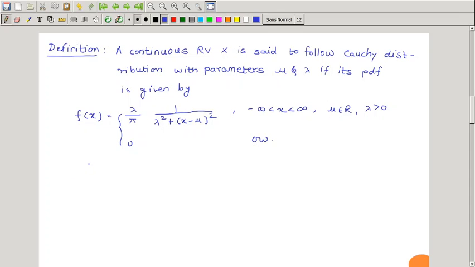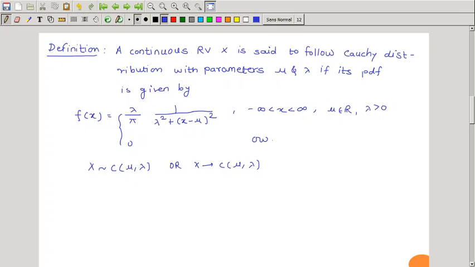This is the PDF of Cauchy distribution. Generally, it is denoted as x follows Cauchy with mu lambda, or some books refer to it as x follows Cauchy(mu, lambda).